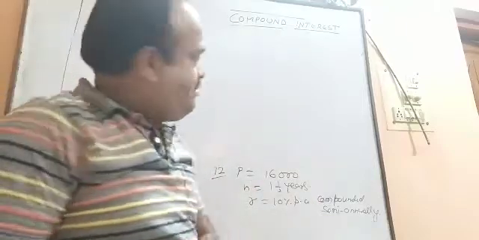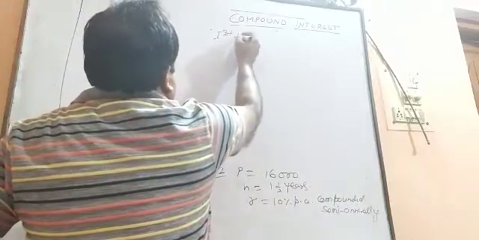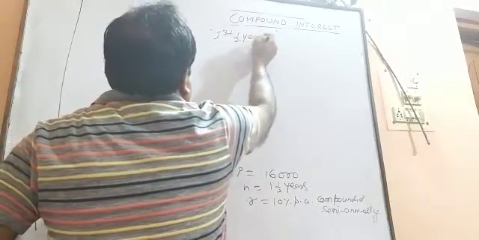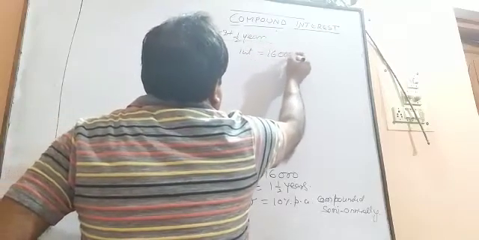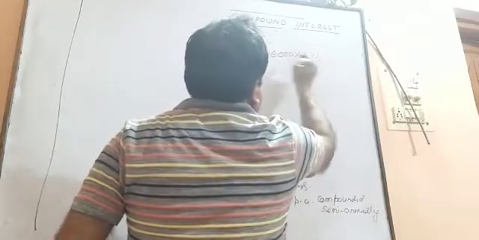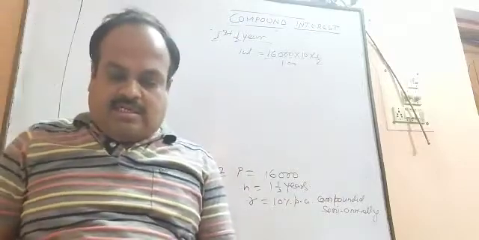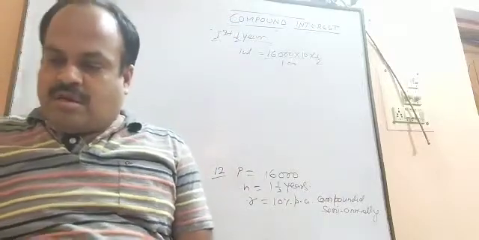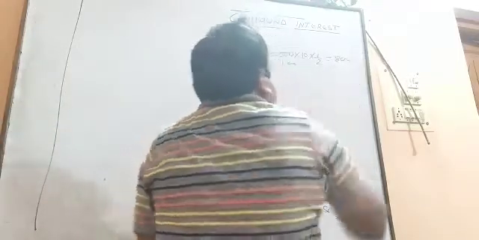So let us find out for first half year. Interest is 16,000 into 10 into 1/2 upon 100, which comes as 800.